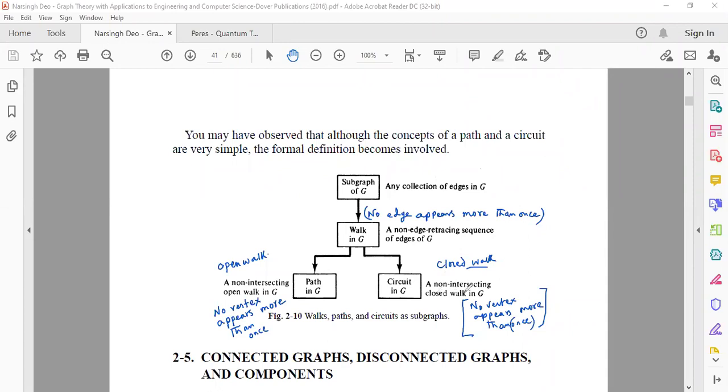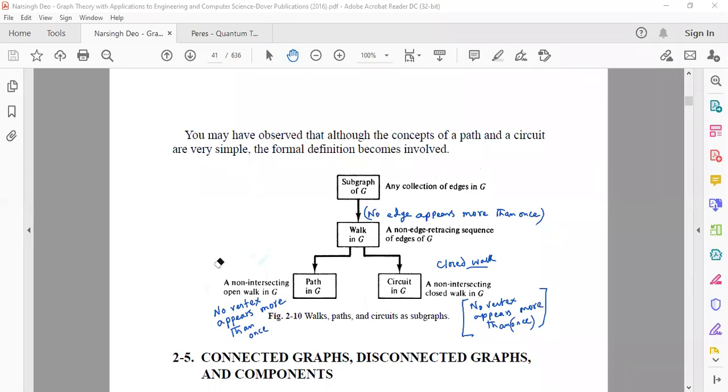A closed walk is also an alternating sequence of vertices and edges, where an edge is not repeating itself, and a vertex will not repeat itself unless it is a terminal vertex. So you have to remember this particular tree diagram to remember the notion of these four categories.